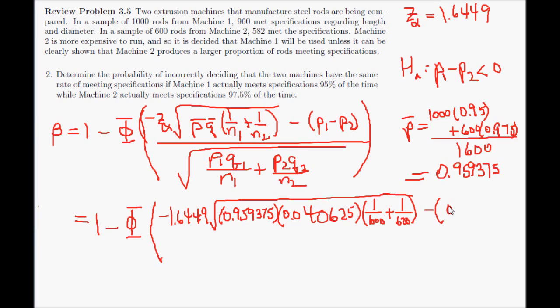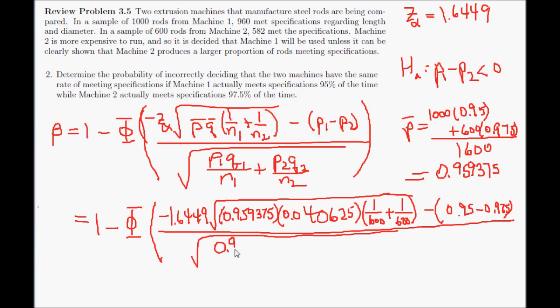So minus 0.95 minus 0.975, all divided by another big square root.